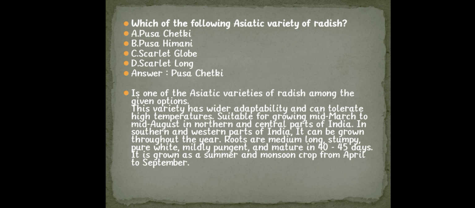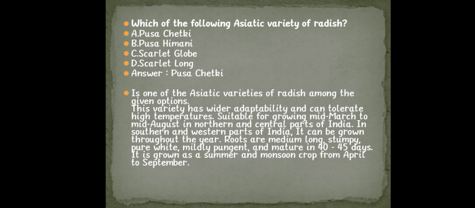This variety has wider adaptability and can tolerate high temperatures. It is suitable for growing from mid-March to mid-August in northern and central parts of India. In southern and western parts of India, it can be grown throughout the year.